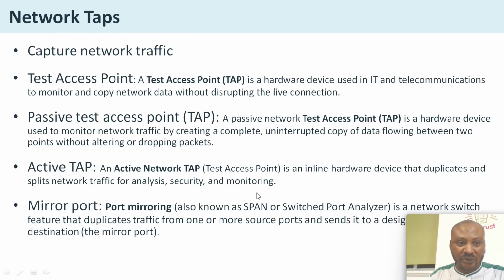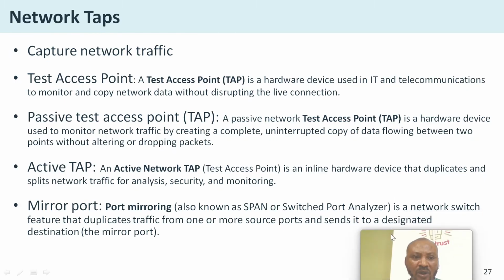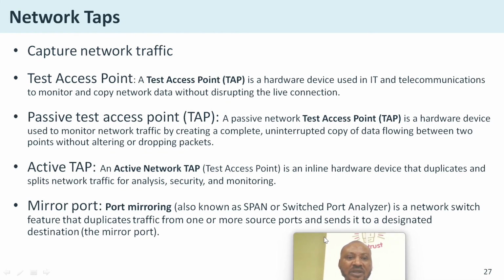Okay, let's continue. We have some very interesting things here. We have what we call capture network traffic. Usually in networking, especially for those of us doing cybersecurity, you can capture your network traffic. You want to see all the traffic coming in and going out.